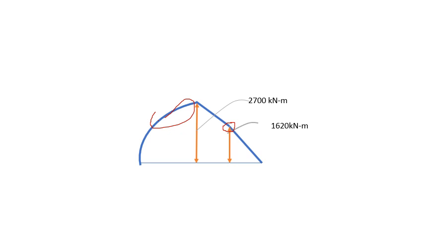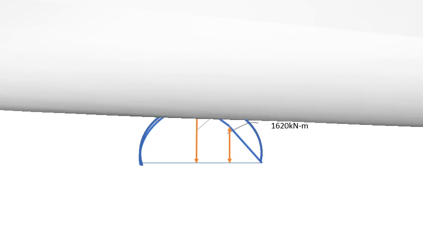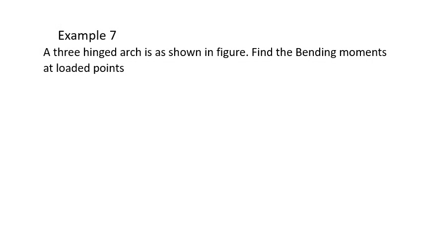So this is the bending moment diagram of only the vertical loadings, and then superimpose on that the bending moment diagram of the horizontal thrust. At the point C, that is at the crown, you will see that both bending moments cancel, so that becomes 0. Okay, so let's see the next example.